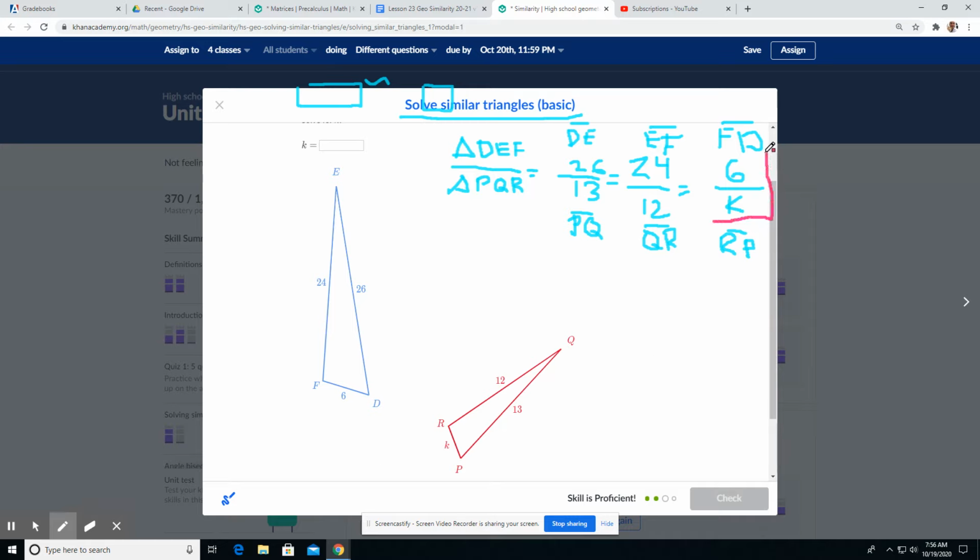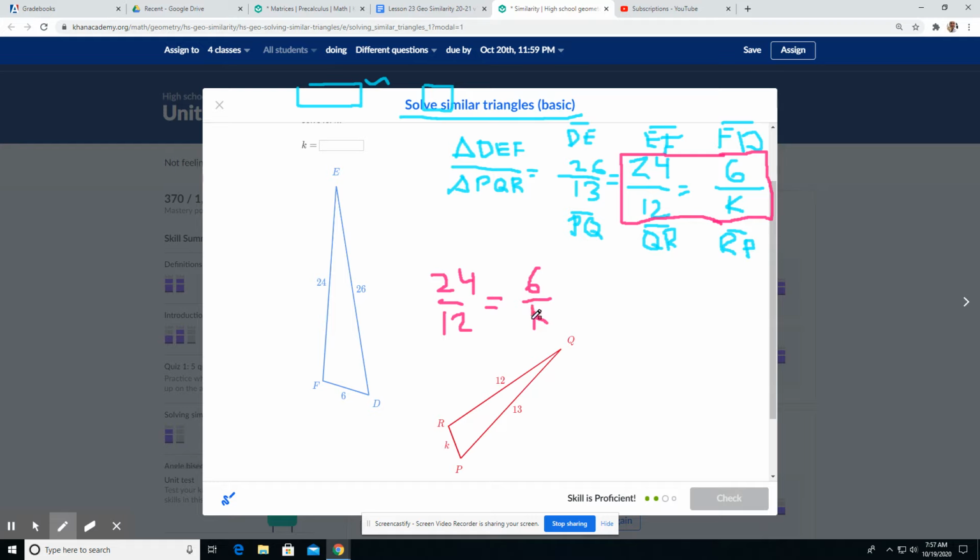And which one would you rather deal with, 24 over 12 or 26 over 13? Personally, I'd rather do the 24 and 12. They're just a little bit smaller. So this is the proportion we're going to look at and solve. 24 over 12 has to equal 6 over K.